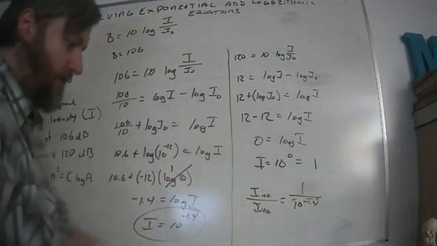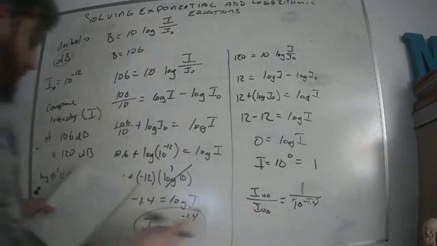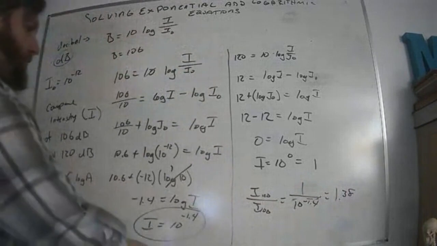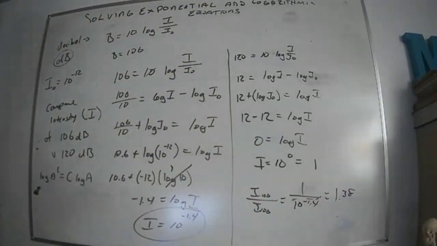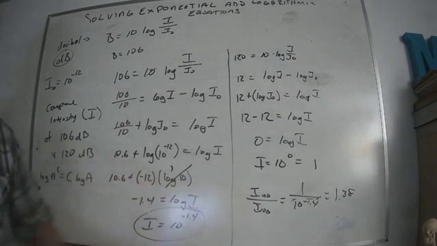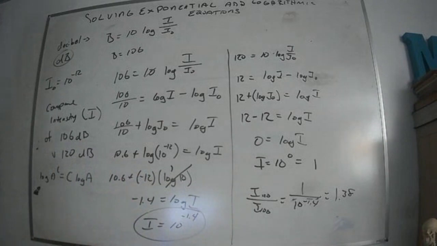Put that into your calculator, and you get 1.38. So the intensity, the amount of power per square meter you experience at 120 decibels, is 1.38 times that of what you experience from 106 decibels.